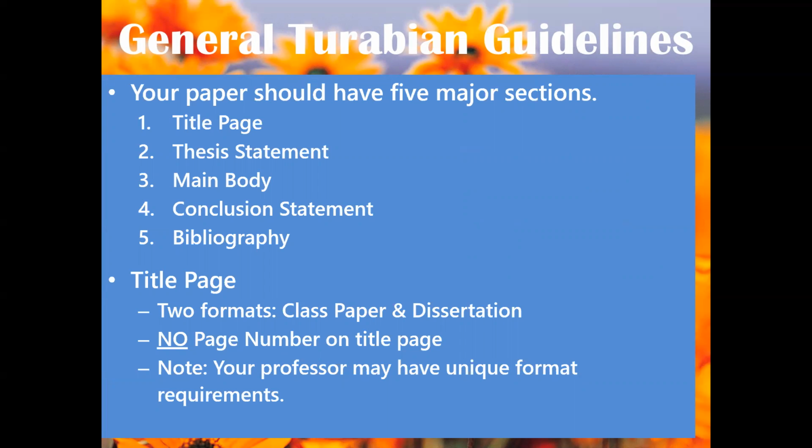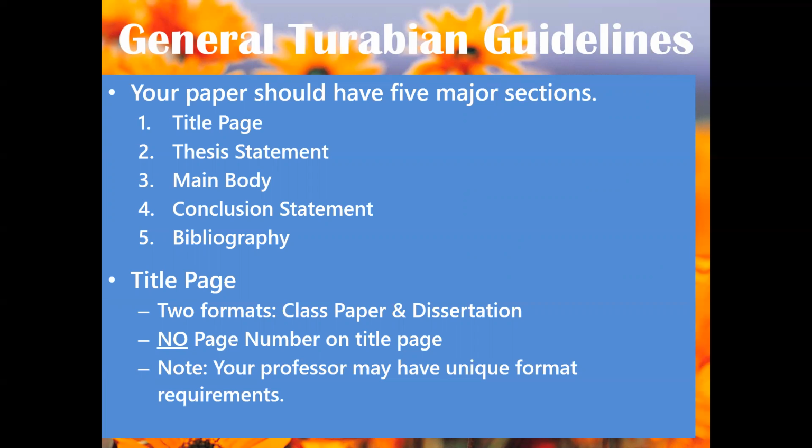And a real good academic paper in this format will have a title page, a thesis statement, a main body, and a conclusion statement, along with your bibliography. Bibliography is the citations of where you got your information.